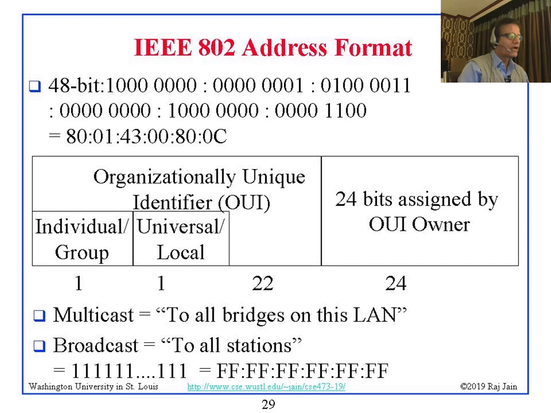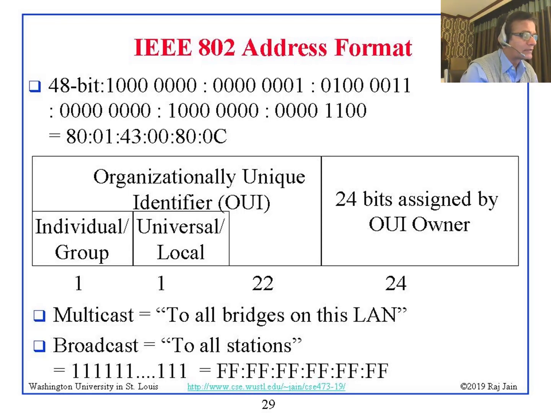Okay, so now this is very good. You know why? Because the Ethernet address does not change when you go from one room to the next. Your computer and your phone and whatever else you have, they have 802 addresses. By the way, notice that on the top of the slide, it does not say 802.3 addresses.